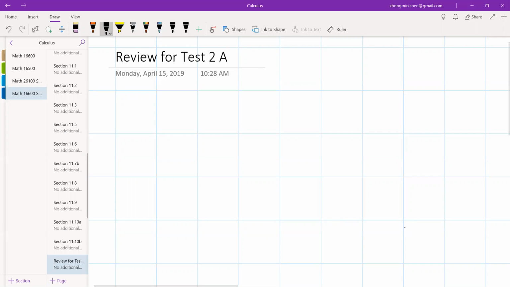So let's do some exercises from the sections. Each chapter has a review set, a review page, which is on page 730, 731.